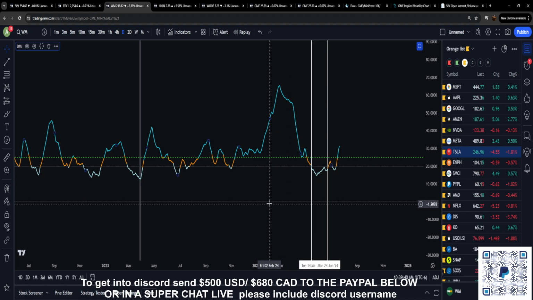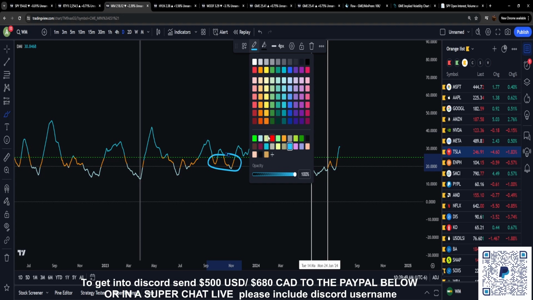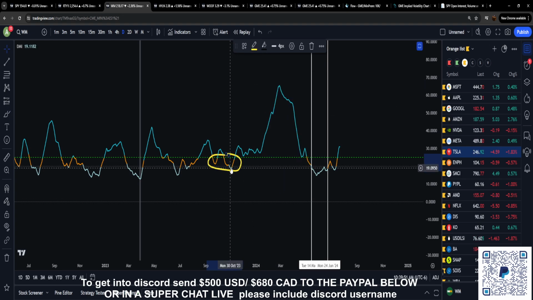So let me ask you guys here, in this circled zone, when you saw the ADX continue to stay above 25, what do you think happened within this range of price action? So I'll just put vertical lines on here again.